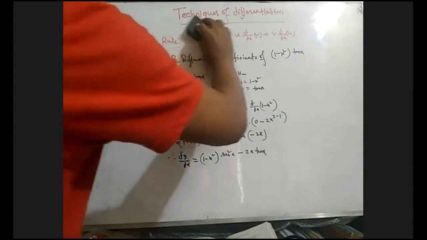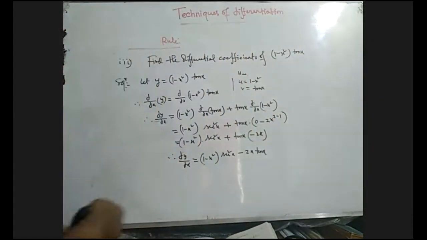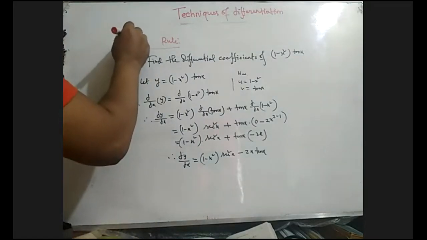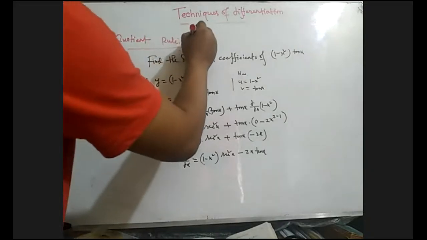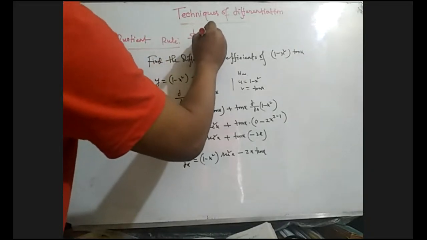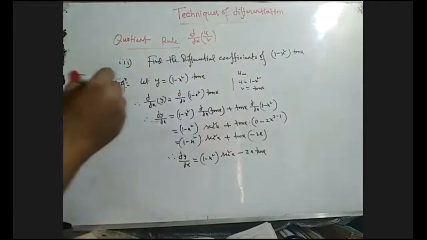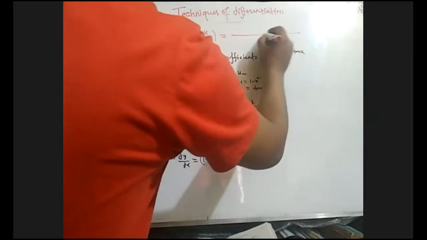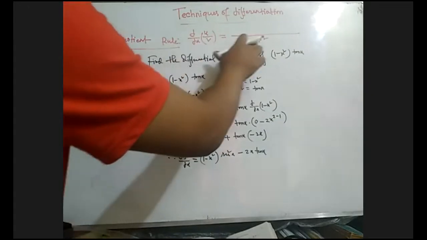So now another rule. This is called the quotient rule. That means d/dx of u divided by v will be equal to, in the denominator, v square.